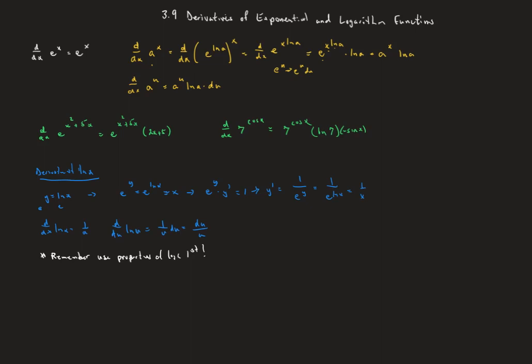So for example, if we are going to find the derivative of, say, the natural log of, let's say, the fourth root of x to the third times x minus 2 cubed, all over maybe the cube root of 3x minus 2.